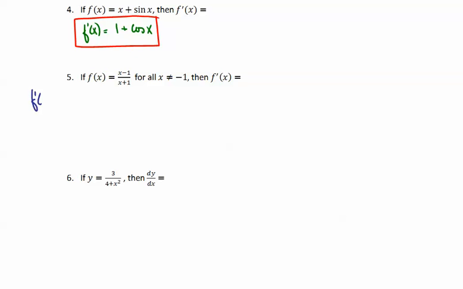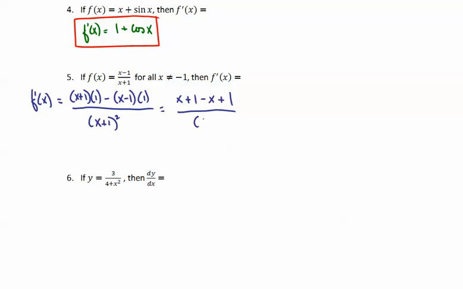So f prime of x will be low d high, which is 1, minus high d low, which is also 1, all over low squared, and x plus 1 minus x plus 1 all over x plus 1 squared.